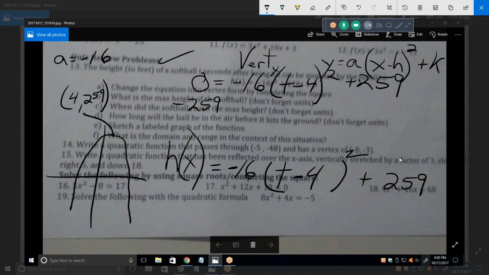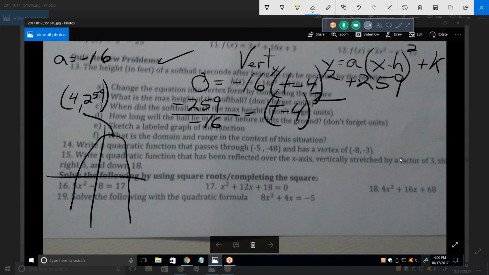Divide by negative 16. And that's going to leave t minus 4 squared. Hold on a second. Do you have a calculator? Yeah. Does that simplify? Go ahead and give me the decimal.